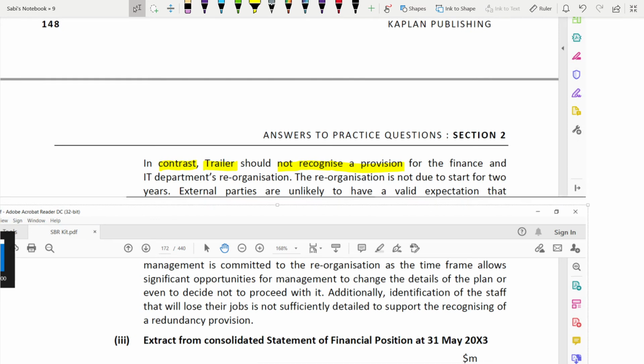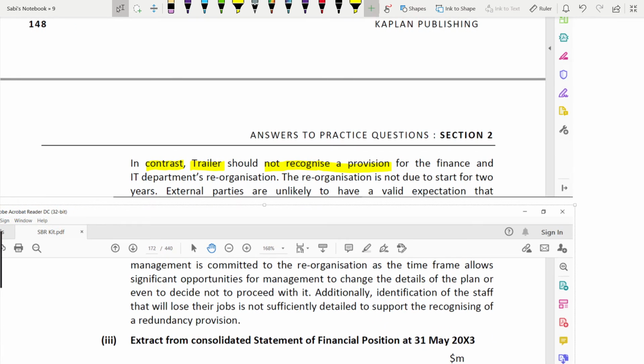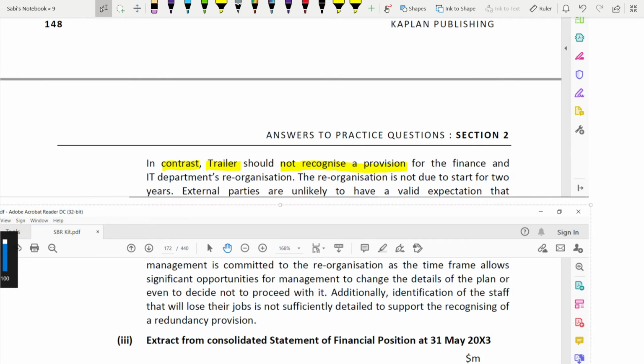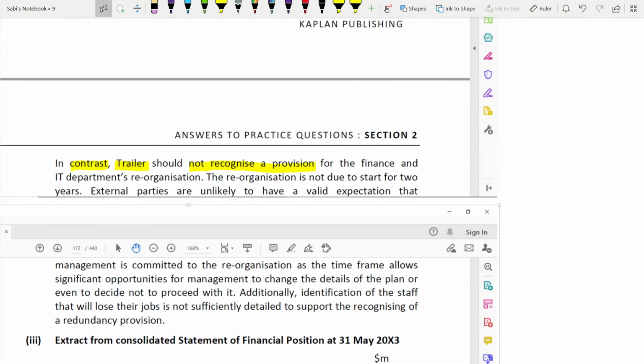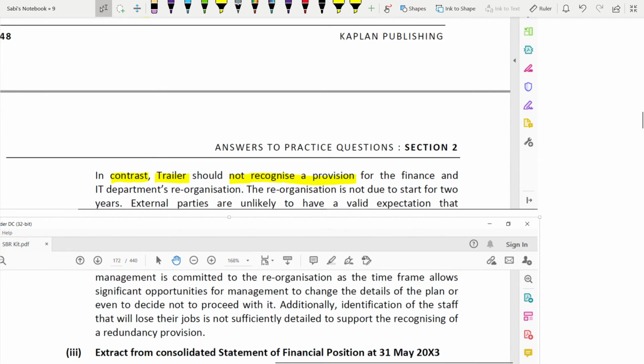I'm just not able to highlight it. I don't know what's happening. Okay, never mind. I hope you can follow along with me and see that part. The reorganization, you don't recognize a provision.